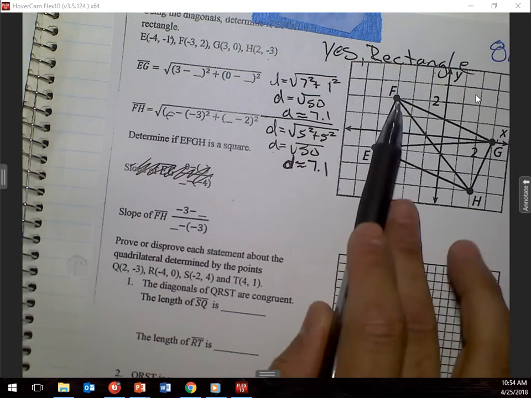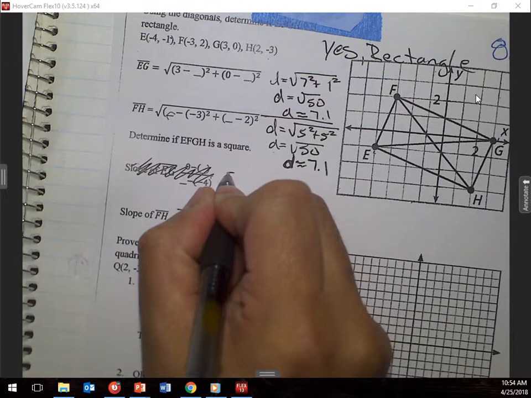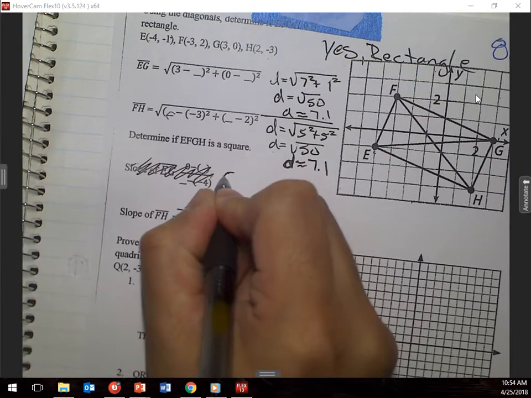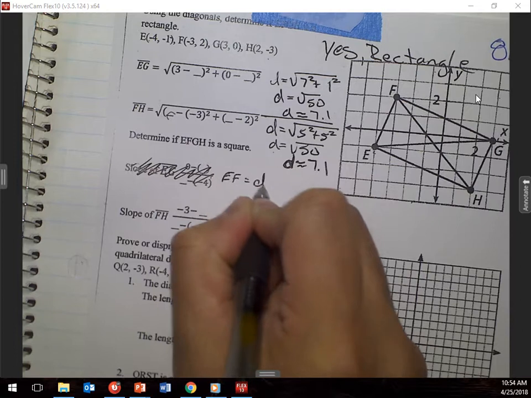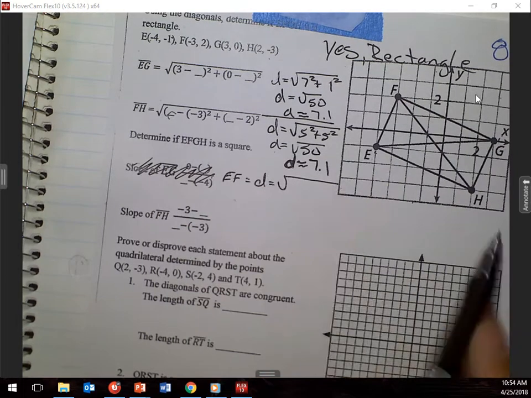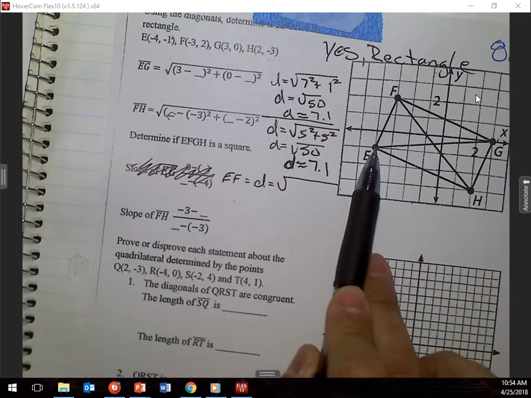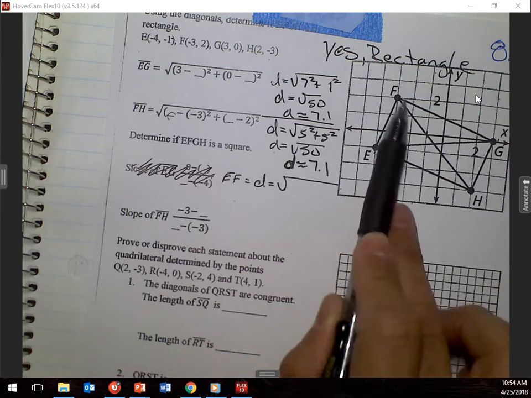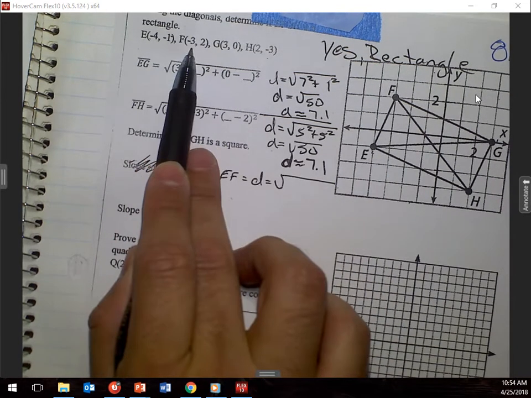So let's figure out EF. So my distance is equal to the square root. So we're figuring out what this one is here, right? So EF from here to here. So what is my delta X?